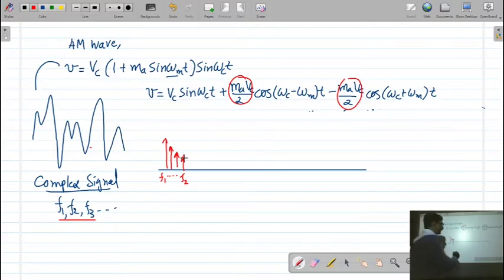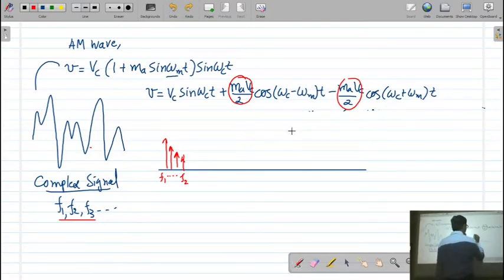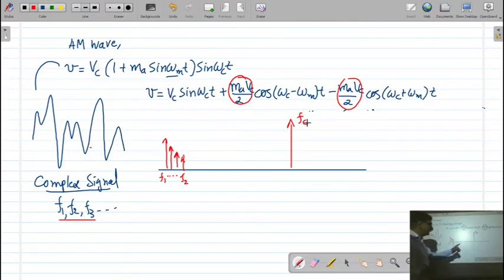Then the carrier wave will be represented here. Right? That is Fc. Now remember that this Fc is going to be modulated with the frequency F1.